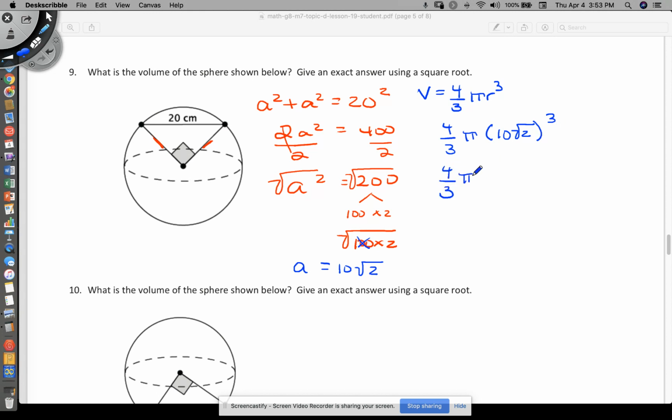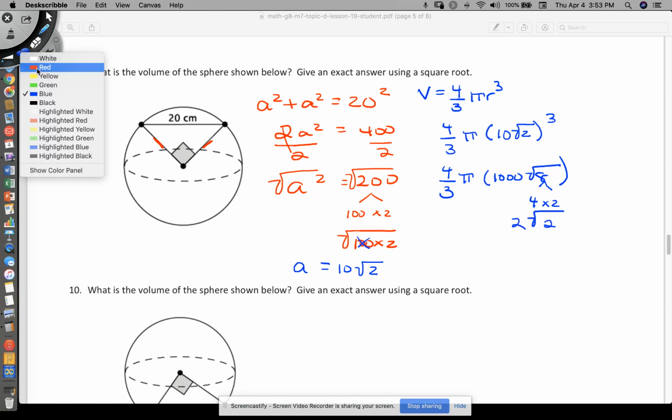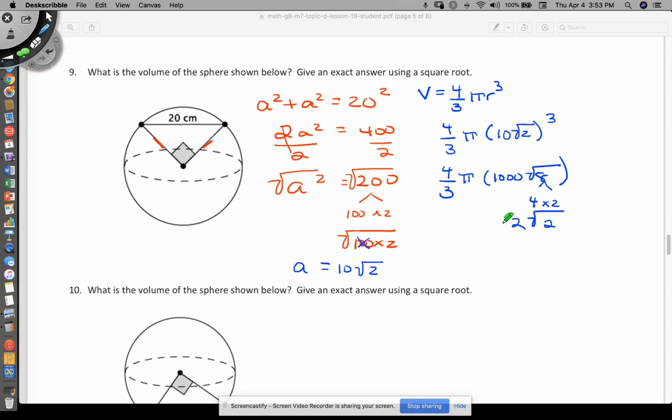We'll have 4/3 pi. 10 cubed gives me 1,000. Root 2 cubed gives me 8. Now, 8 can be broken down into 4 times 2, leaving you 4 with a perfect square. So this becomes 2 root 2. So what you want to do now is take this 2 and multiply it to that 1,000. So let's bring everything down.